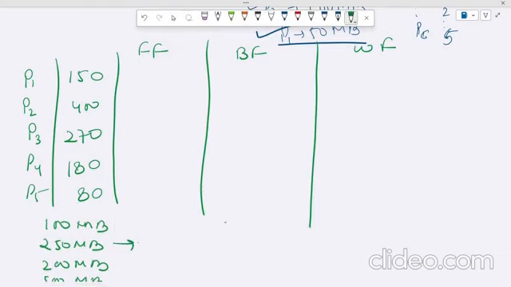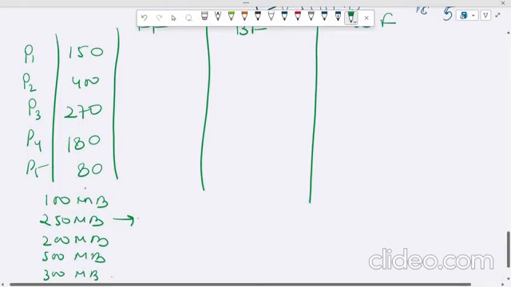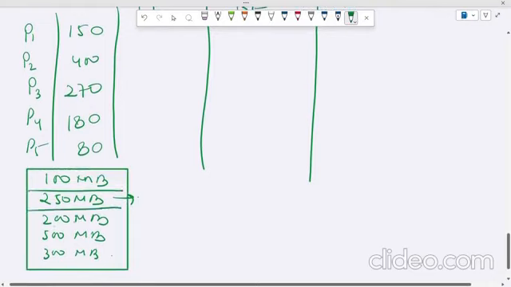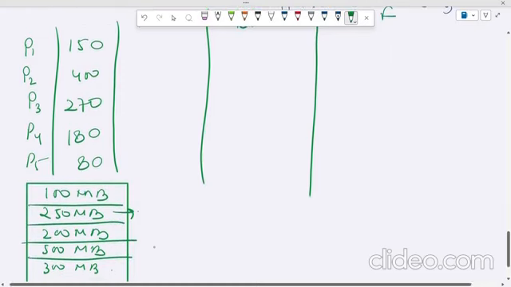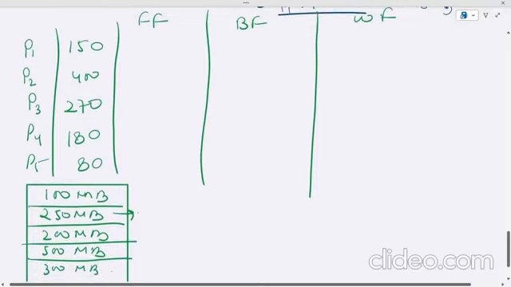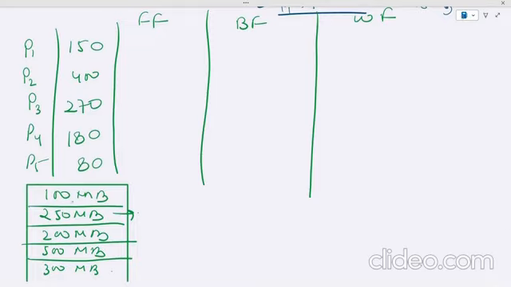Now, first of all, you have to apply first fit. P1 is the process which comes first. So now we apply first fit, 150 starting from the start. 100 MB: definitely the P1 process is not able to access this part because it is less than what it needs.